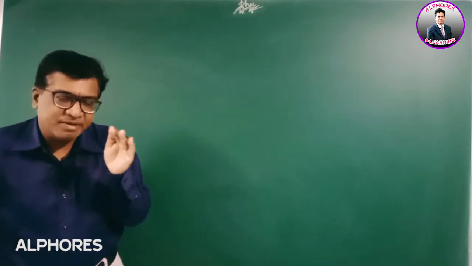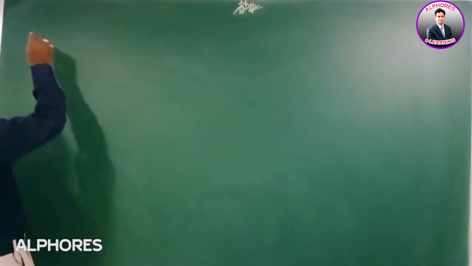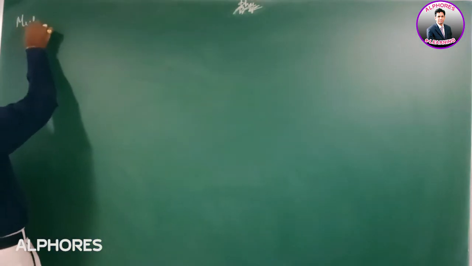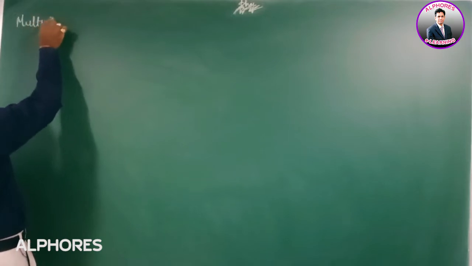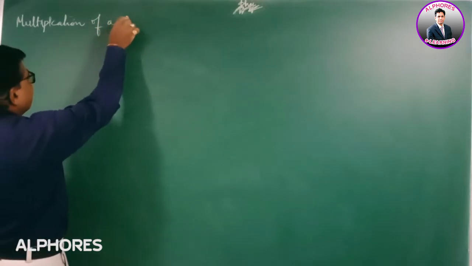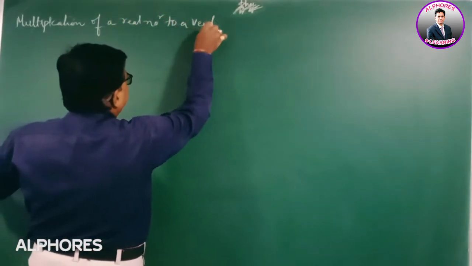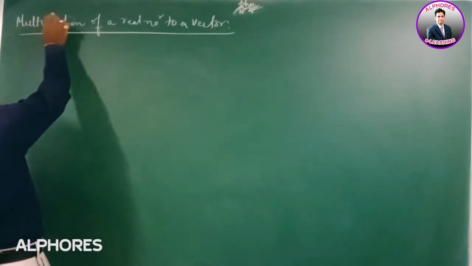So we will take them individually, right? So for today our topic is multiplication of a real number to a vector.